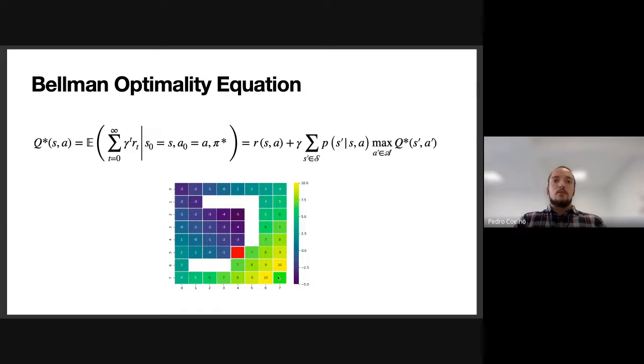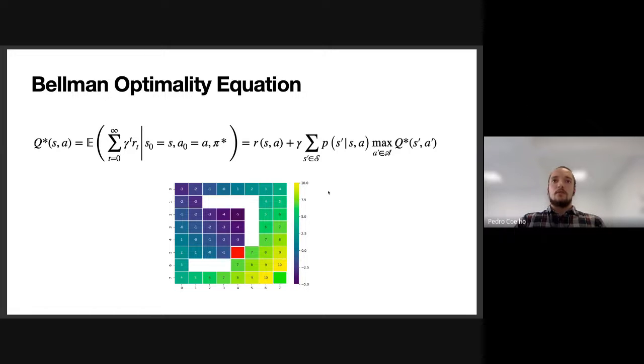And if you want to, we can check this equation here. These values, you can think of them as the state action values for each state for the best action that you can take.